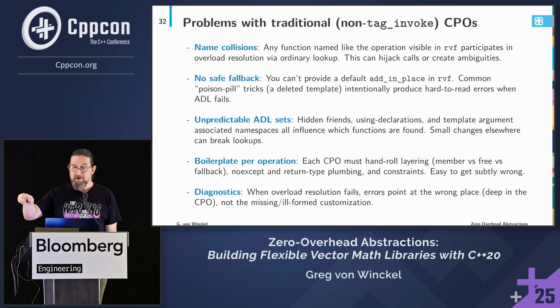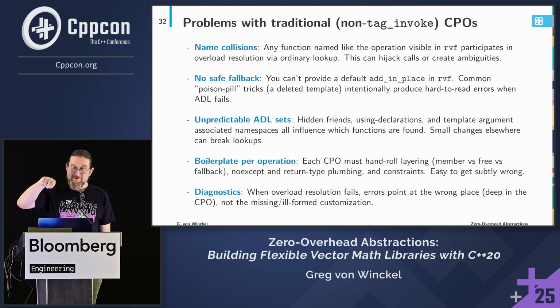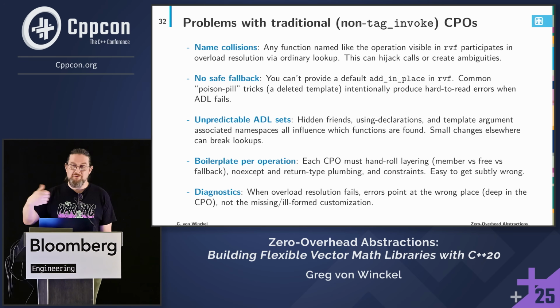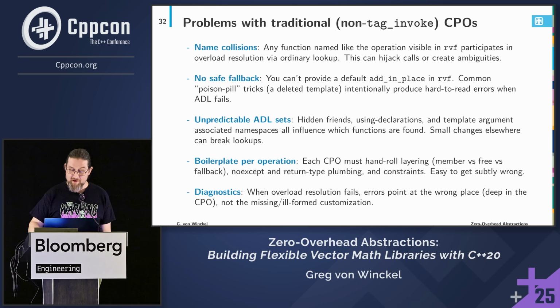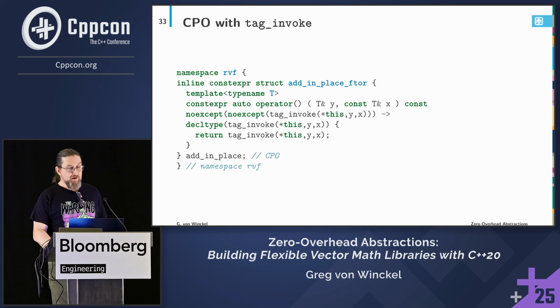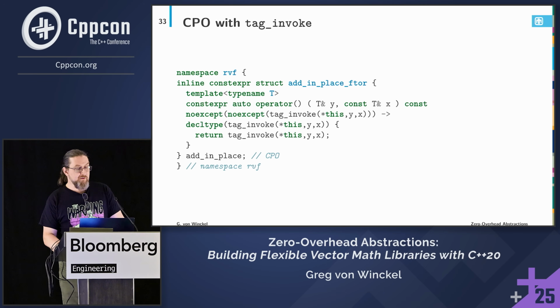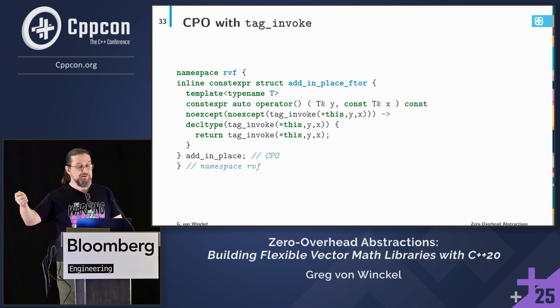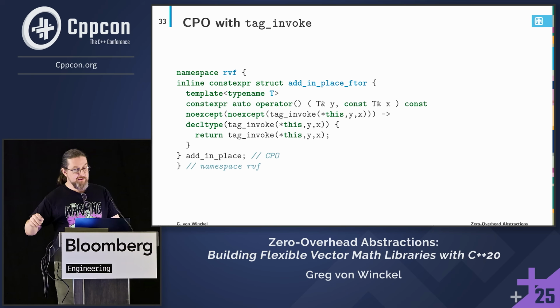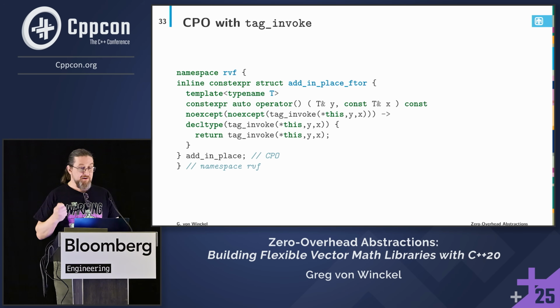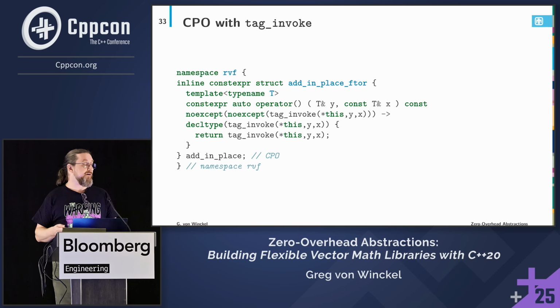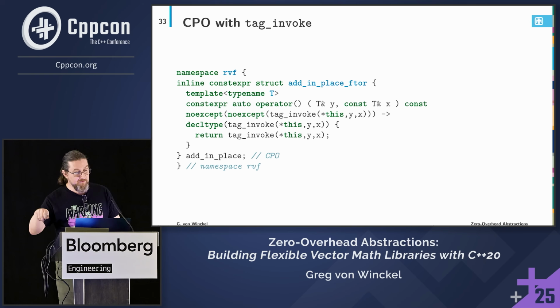What you want is the error to point to the signature itself and say, well, you couldn't call this in the first place because you didn't satisfy the requirements. So tag invoke is an approach that sort of centralizes all of these dispatches to a single function that takes an additional argument that corresponds to the customization point object's type.